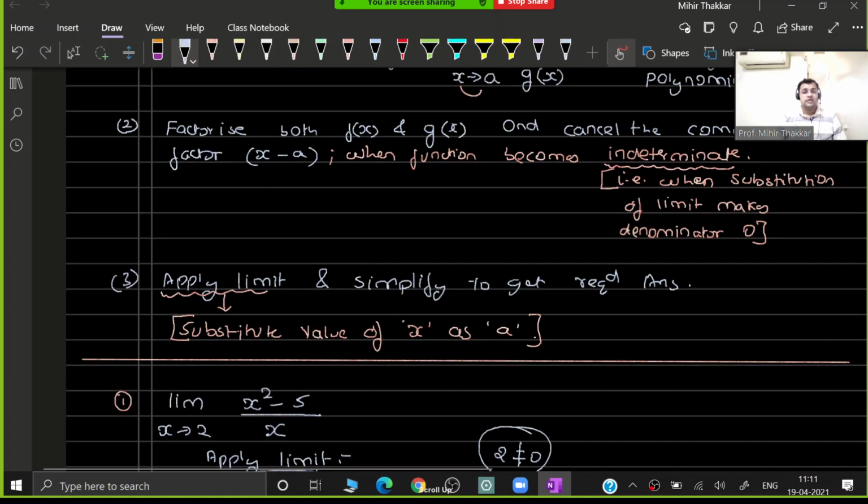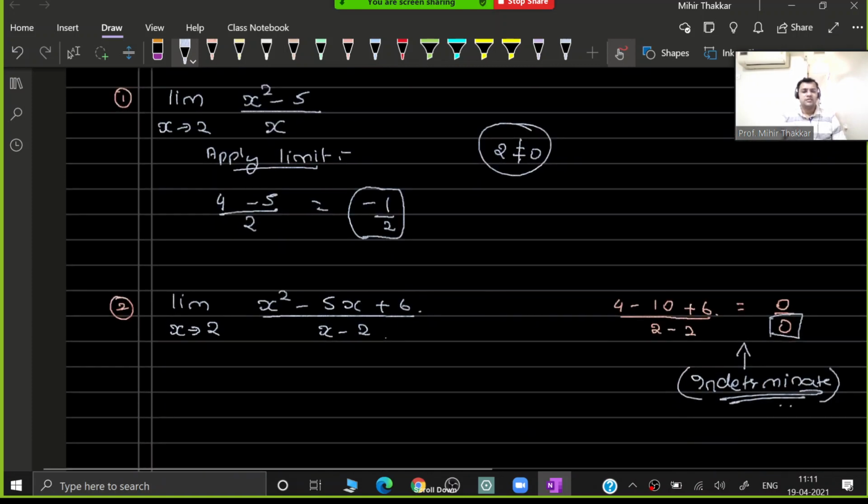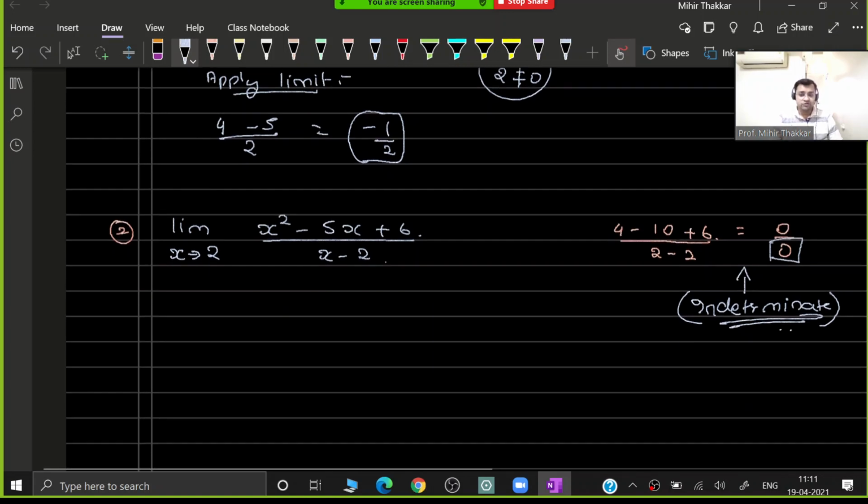So when it becomes an indeterminate function, we have to factorize f(x) and g(x) as per the question. Over here, it is not possible to factorize the denominator because it is just a basic function x − 2, but you can definitely factorize the numerator. How do I factorize the numerator?